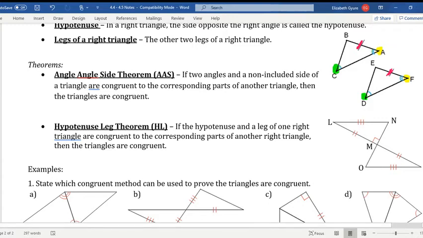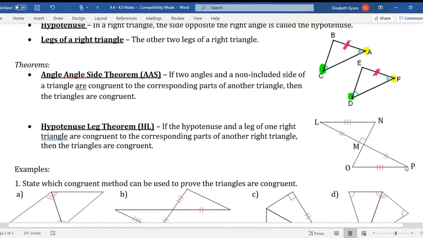So this is the only kind of triangle it's going to work for. You would have a set of congruent angles in your vertical angles, and LM is congruent to MP, and LN is congruent to OP. So if you take a look here, yes, it looks like angle, side, side. However, it only works for a right triangle.